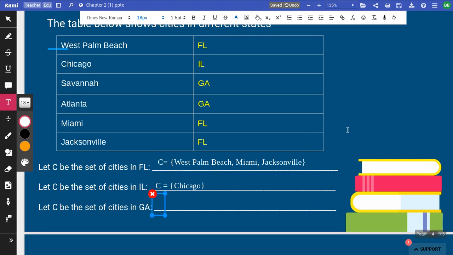Okay, and the last example here, let C be the set of cities in Georgia. So go ahead and pause this video and see if you'll be able to go ahead and represent this set. Okay, so C, we have Savannah and we have Atlanta.